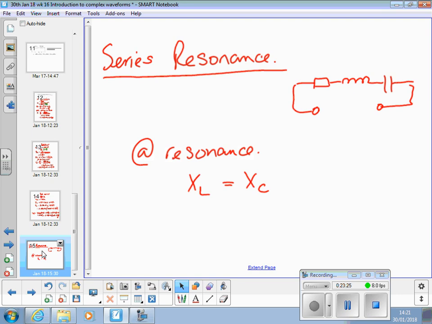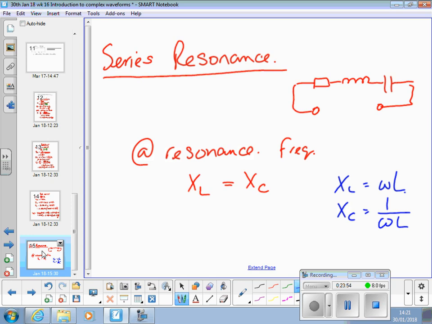It's a particular frequency, at resonance frequency. Remember, XL is equal to omega L, and XC is 1 over omega C. So by definition, if frequency goes up, XL is going to get bigger, XC is going to get smaller, and if frequency goes down, the opposite.